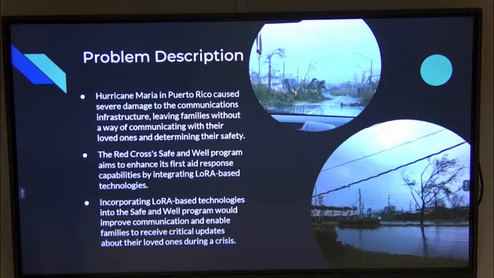Afterwards, in 2018, IBM did an hour of code where a group of five people formed Project Owl, which is a joint effort between multiple technologies using LoRa systems and IoT devices.